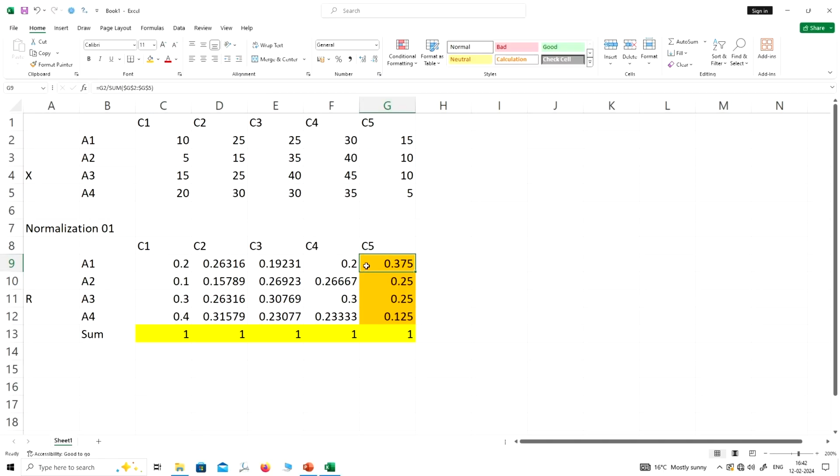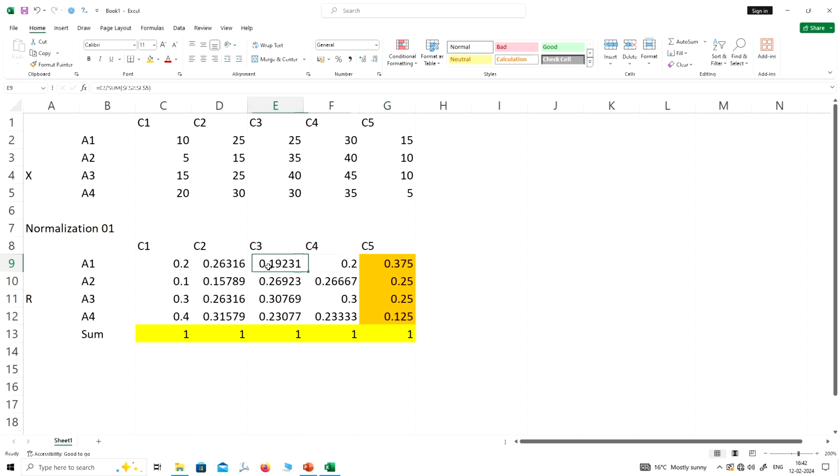For that criteria, the overall normalized importance for A1, A2, A3, A4, which is alternative 1, 2, 3, 4 coming out from C5, called criteria 5, are given as 37.5, 25, 25, 12.5, which means the highest amount of importance is being given to alternative 1 based on the fact C5 is being considered as the criteria.